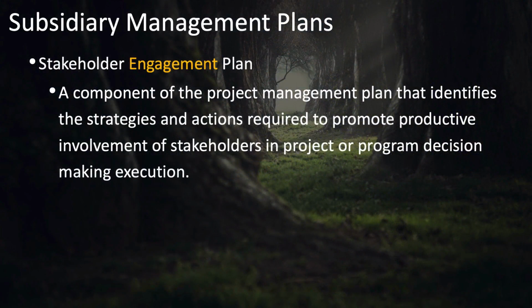And finally, the stakeholder engagement plan. Notice the word engagement. They don't use the term stakeholder management plan, but rather stakeholder engagement. The stakeholder engagement plan identifies the strategies and actions required to promote productive involvement of stakeholders in the project and in decision making.